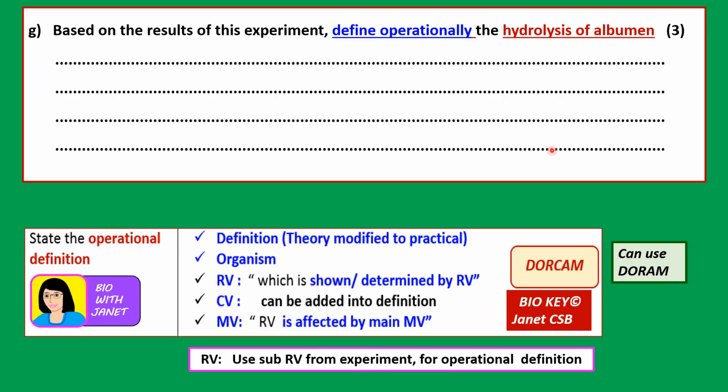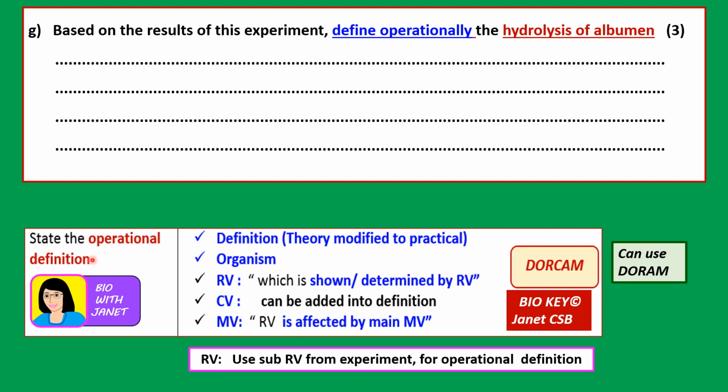Now, fourth, define operationally. This is also a common question in paper 3. So let's find out how to answer this. Based on the results of this experiment, define operationally the hydrolysis of albumin. Or you can be asked, give the operational definition of a term, like hydrolysis of albumin.